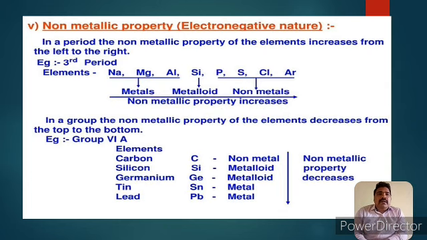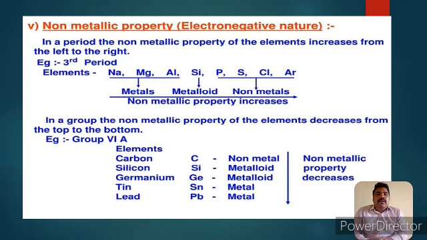Non-metallic character, that is electronegative nature. In a period, the non-metallic property of the element increases from left to right. In the third period, we have to show that sodium, magnesium and aluminium are metals, silicon is a metalloid, phosphorus, sulfur, chlorine and argon are non-metals.